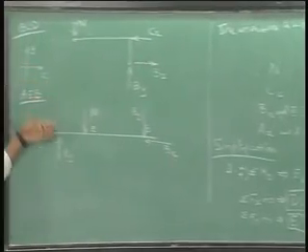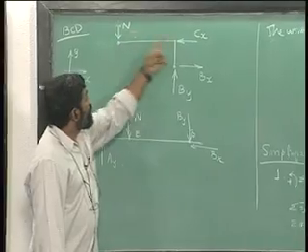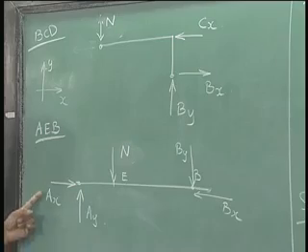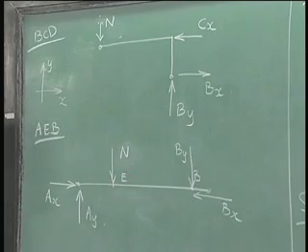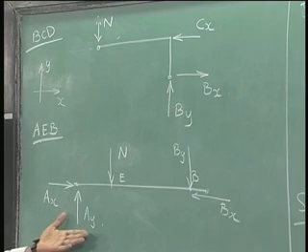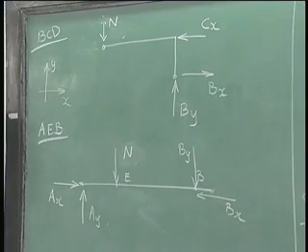Going back to this, okay, there are 1, 2, 3, 4 unknowns present in this, 1, 2, 3, 4, 5 unknowns present in this. Okay. In order to solve for this, what would be the points we take in order to write down the moment equations?